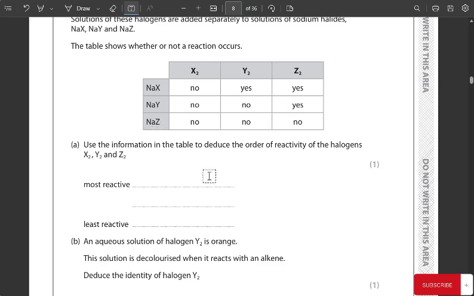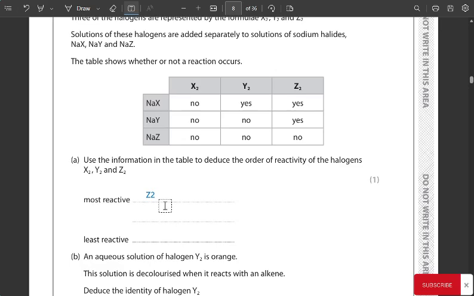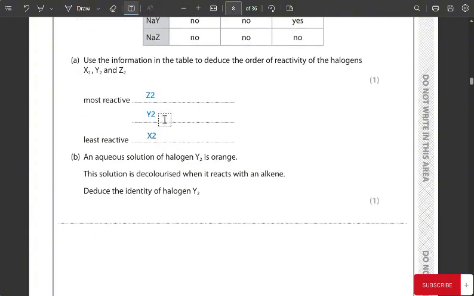It means that Z2 is the most reactive because it reacts with the most sodium halides, and Y2 is in the middle because it reacts only with one sodium halide, and X2 is least reactive because it didn't react with anything. I think I said Y2 reacted with 3 of them, but it was my mistake, sorry for that.